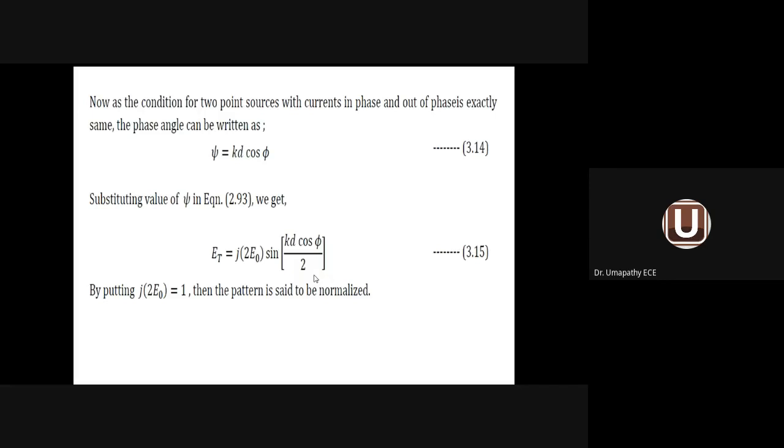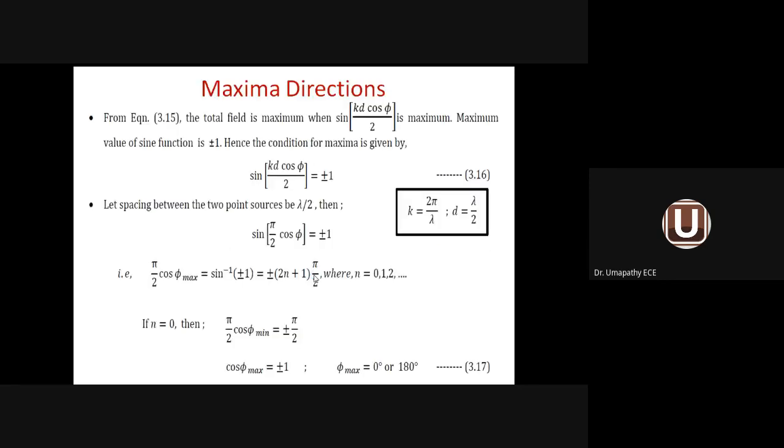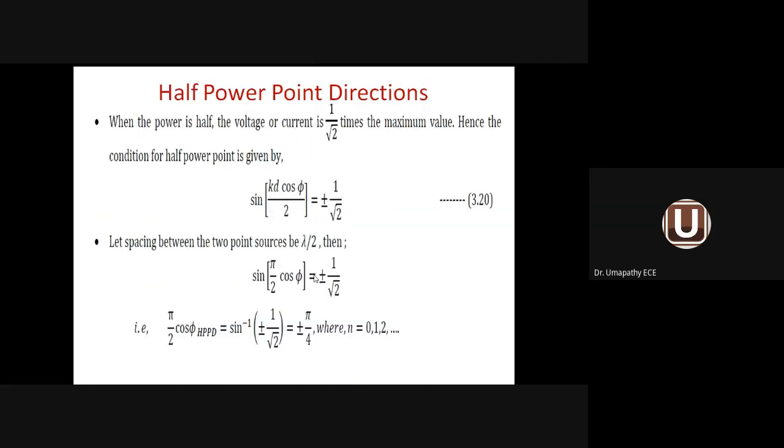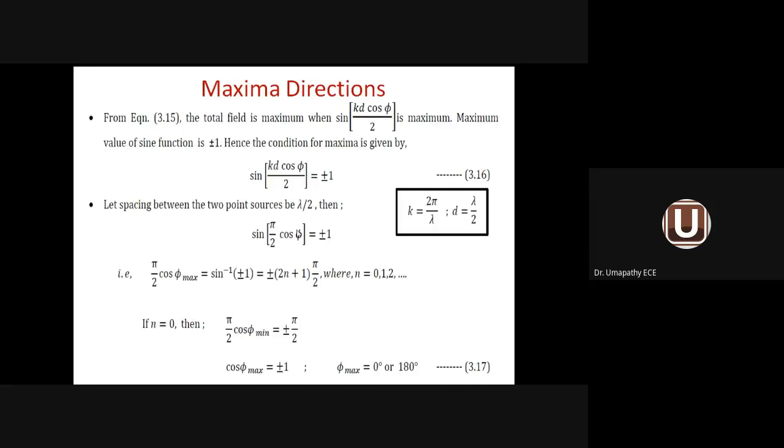With the normalized value only, we are jumping to the maxima direction. Here also, we are calculating maxima, minima, and then half power point directions. In the previous one, we got cos of angle. Here we got sine of angle, sine of kd cos phi by 2. It will become maximum when it is plus or minus 1. So sine of this portion equals plus or minus 1.